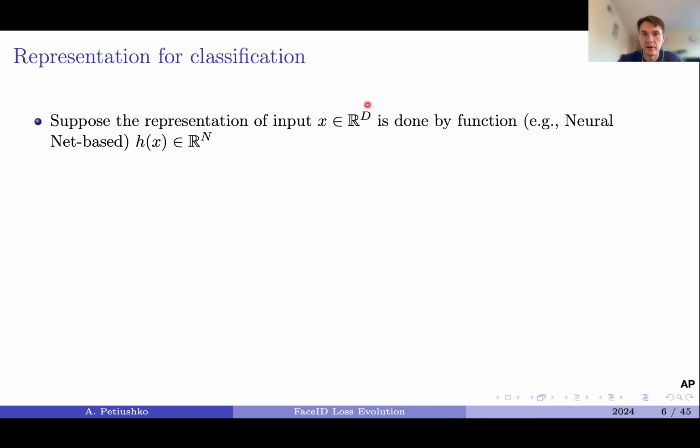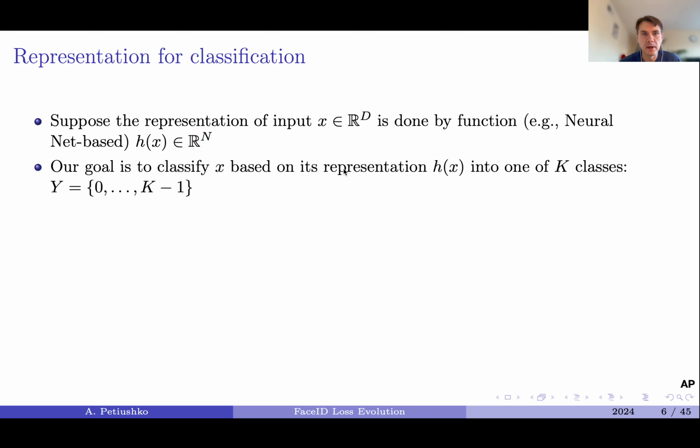So the initial representation was of dimensionality d, but then we jump into the dimensionality n. And the question is whether d should be greater than or equal to n, or vice versa. Sometimes we need to decrease the number of dimensions. Sometimes we need to increase it. It's really dependent on the task.